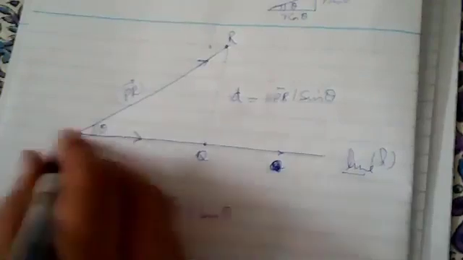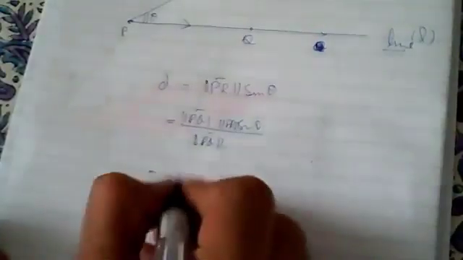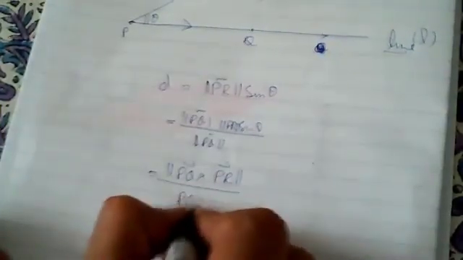Just multiply and divide with PQ. So PQ cross PR magnitude over PQ. So this is the formula for the distance of the point R from the line PQ.